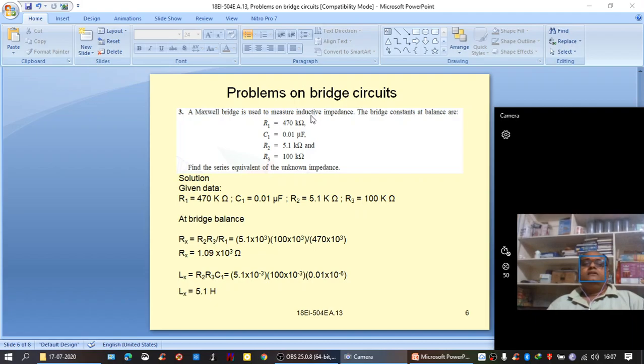So it is 5.1 into 10 power minus 3, that is R2, into R3, that is 100 into 10 power minus 3, divided by R1, which is 470 into 10 power minus 3. 10 power minus 3 gets cancelled out in numerator and denominator, leaving 5.1 into 100 by 470.